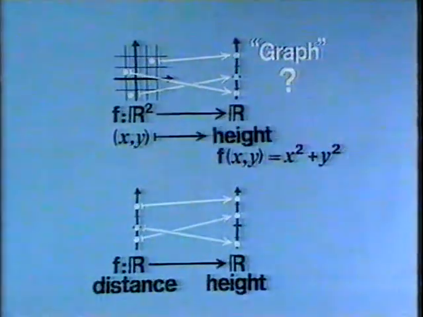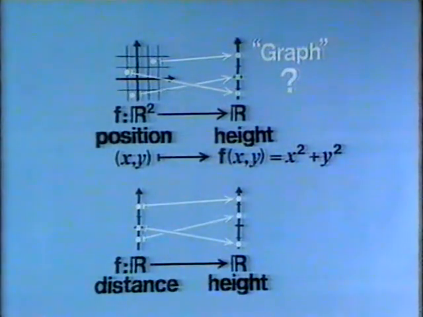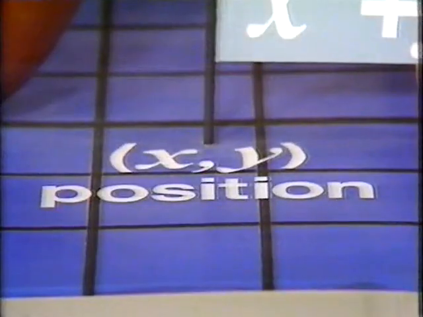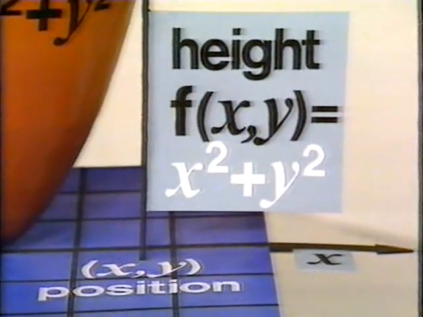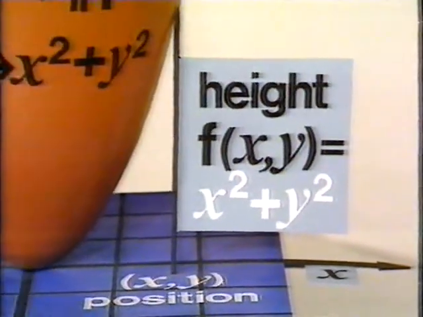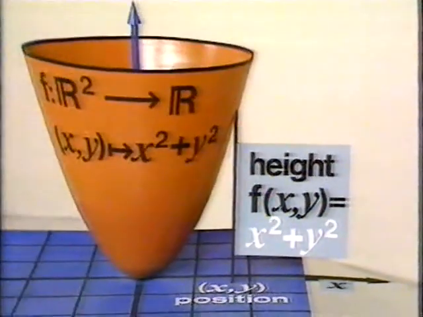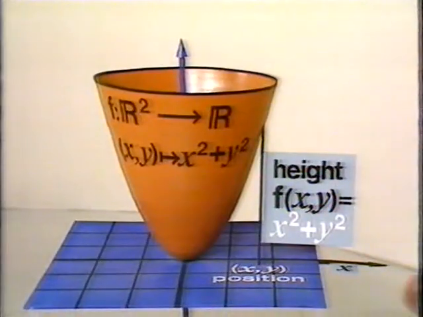We again use height for the codomain, but for the domain we have to use position. So instead of distance along a horizontal x-axis, we use position on a horizontal plane. And the graph turns out to be a surface.